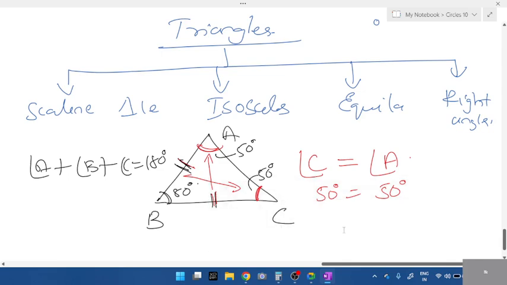Right triangle, write all the four types of triangles.